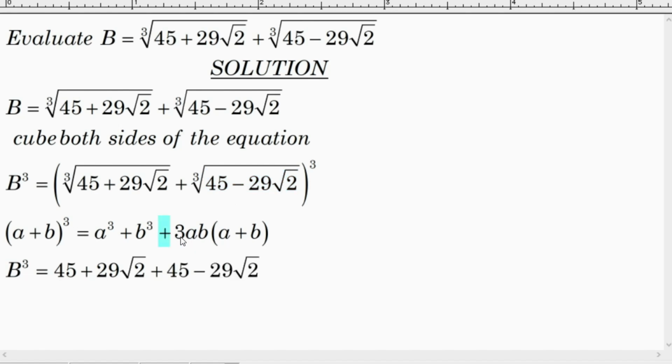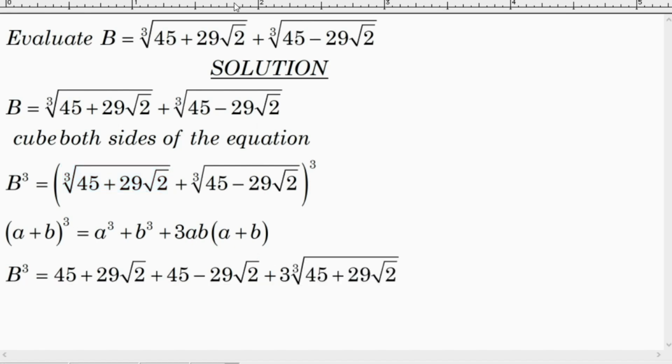And then plus 3ab. So a is this term, times b, which is this term, and then times (a plus b).